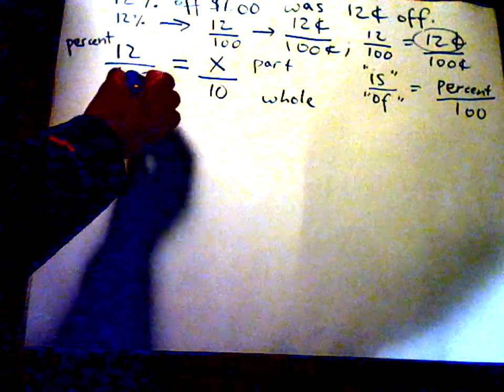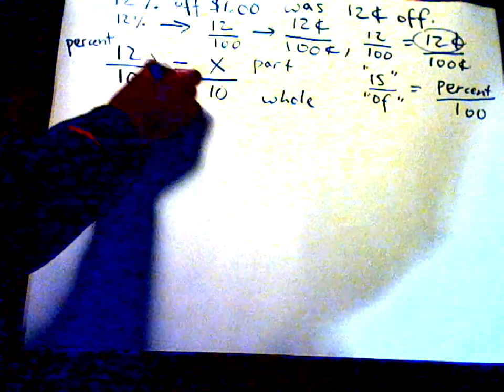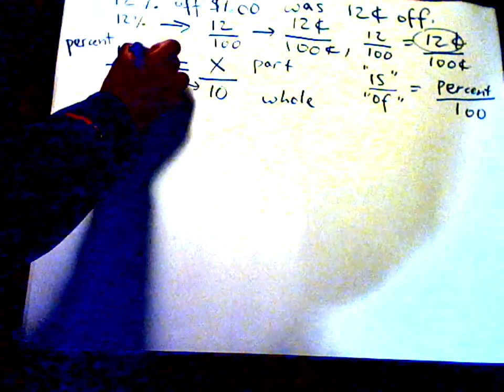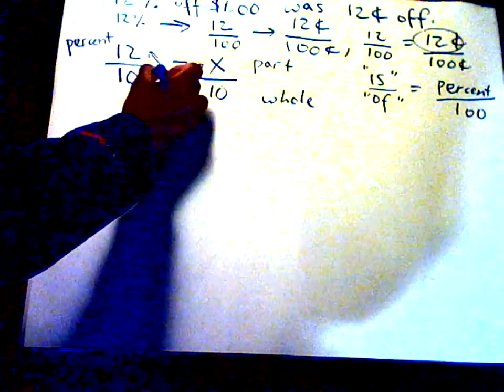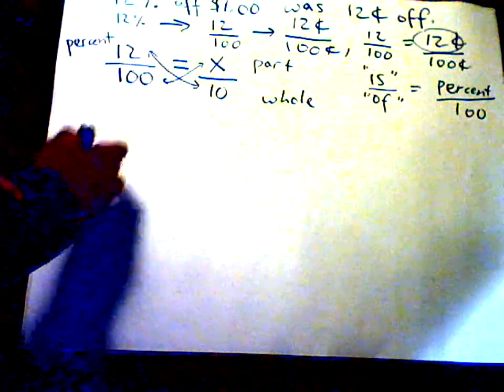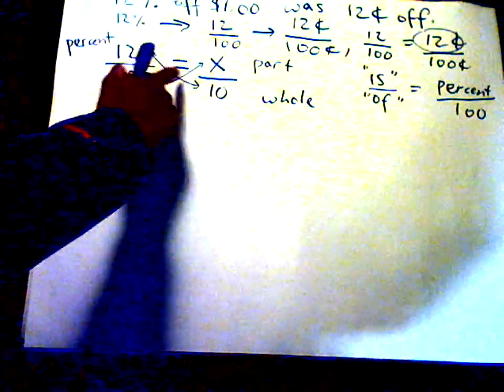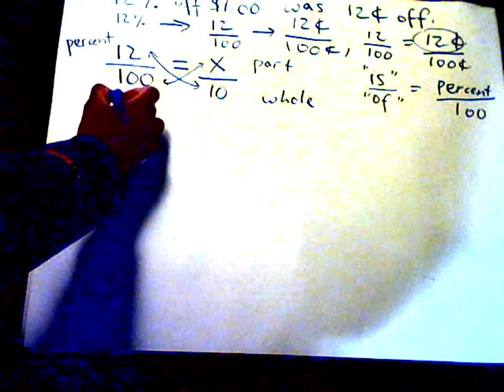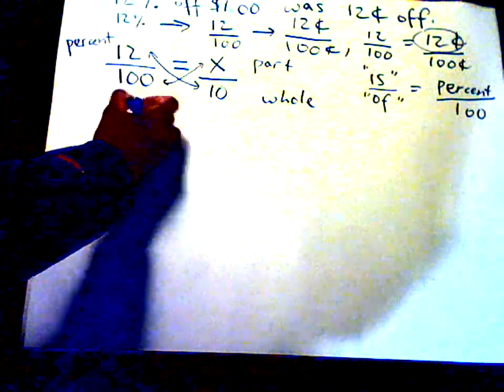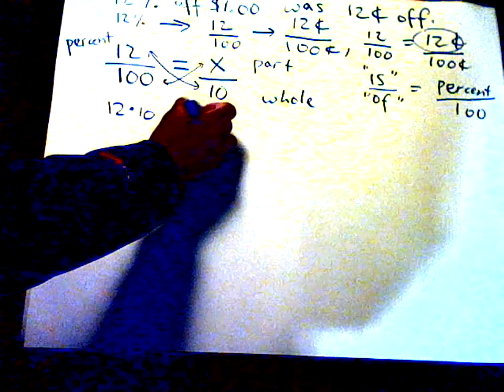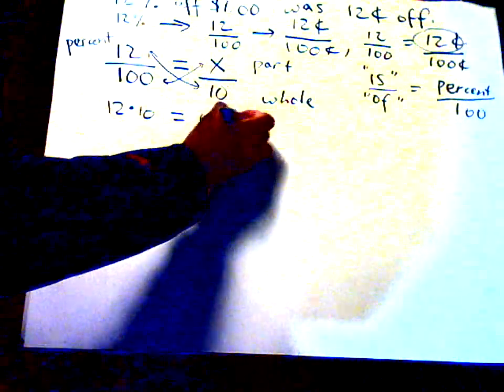So now we can find the cross product, and we get that 12 times 10 is equal to 100 times x.